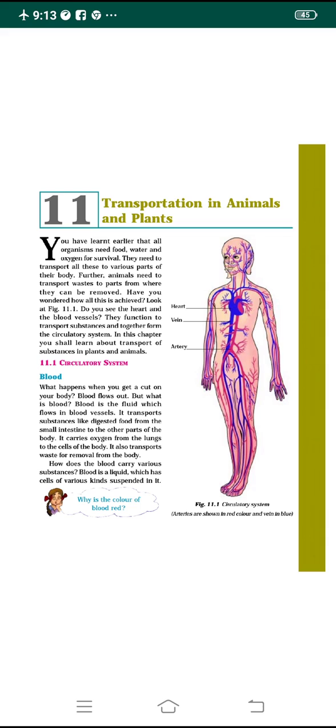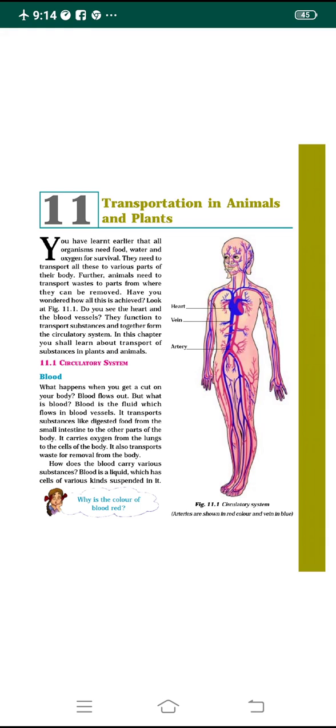So how does this blood carry the various substances in our body? As we know, blood is a liquid, which has many kinds of cells suspended in it. As it's a liquid, it can flow through the blood vessels.